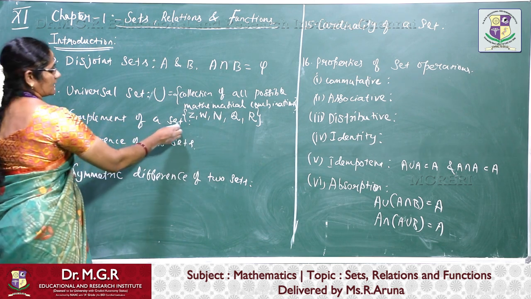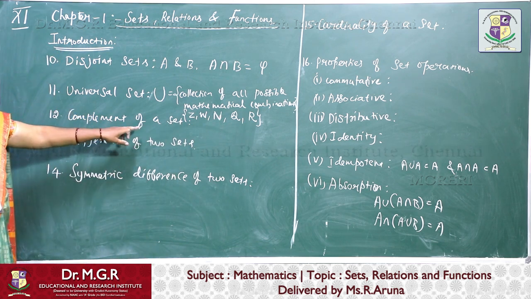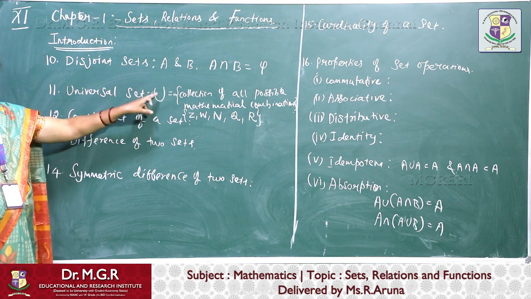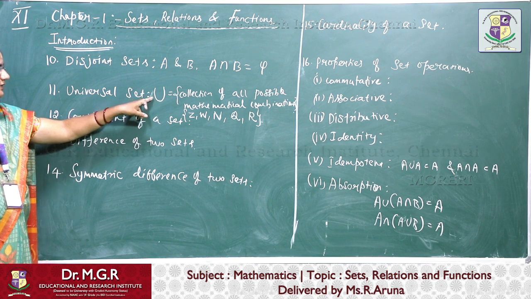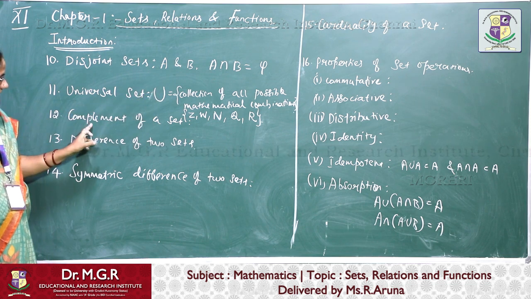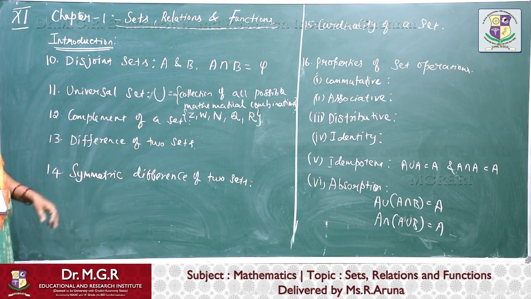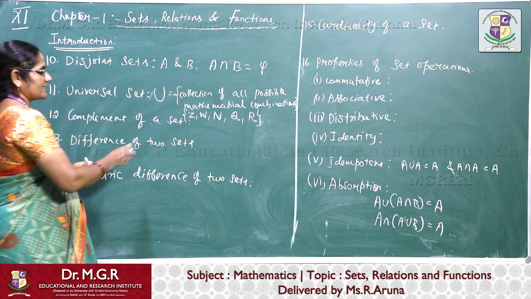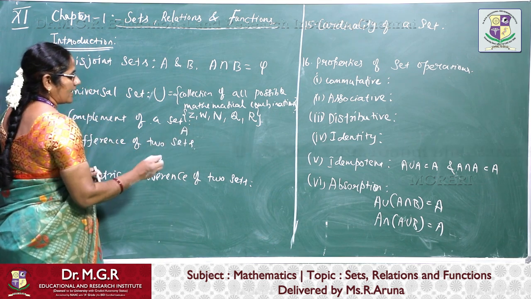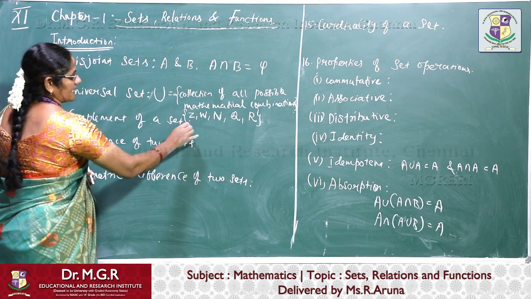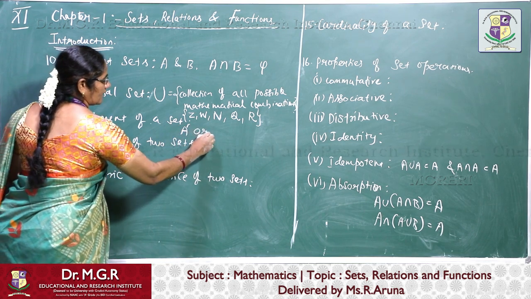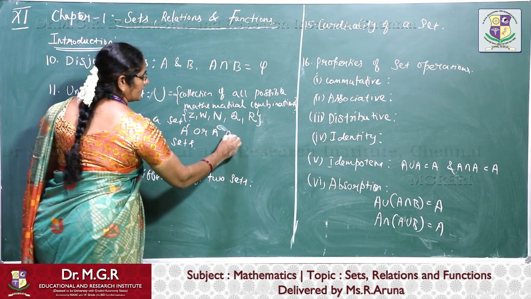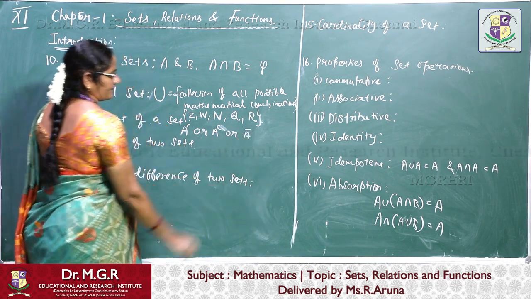Next, we define what is a complement of a set. For defining a complement of a set, we certainly need to define a universal set. If and only if the universal set is present, then only we can define a complement of a set. So for defining a complement, we need a set called A, and its notation for complement is either A dash, or A complement, A C, or we can denote it as A bar.